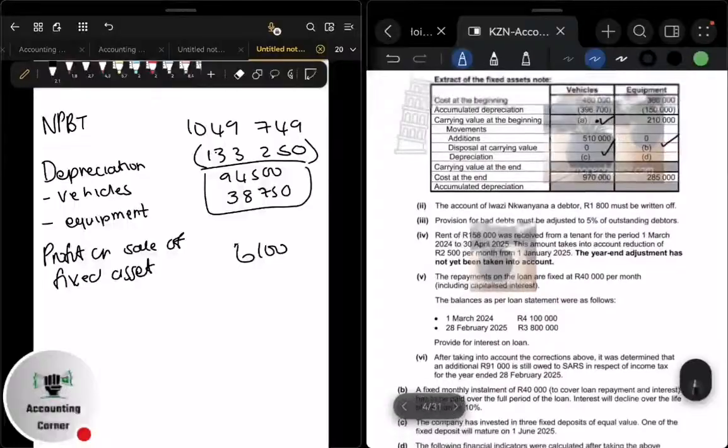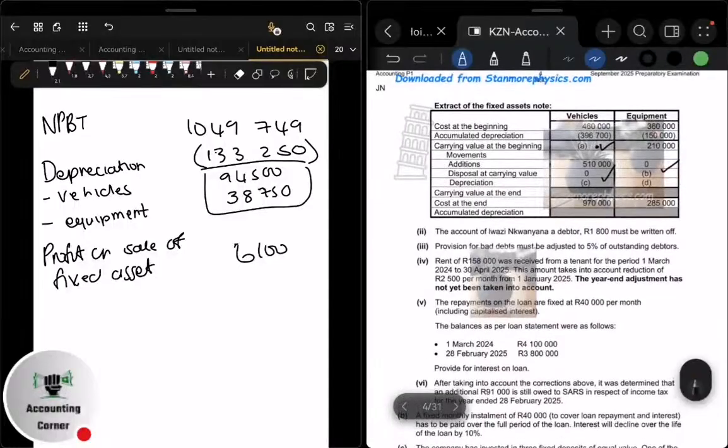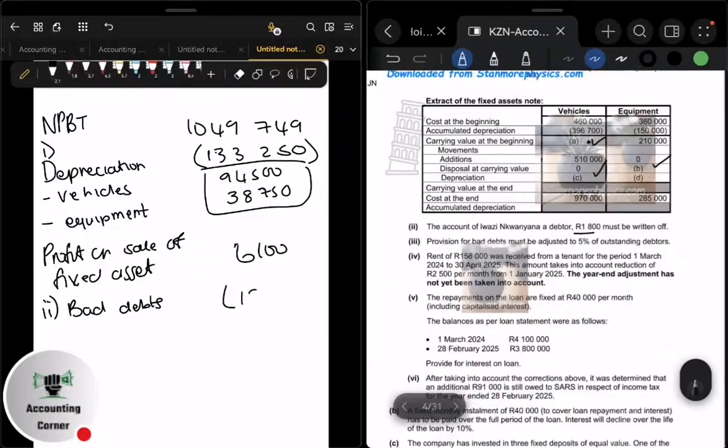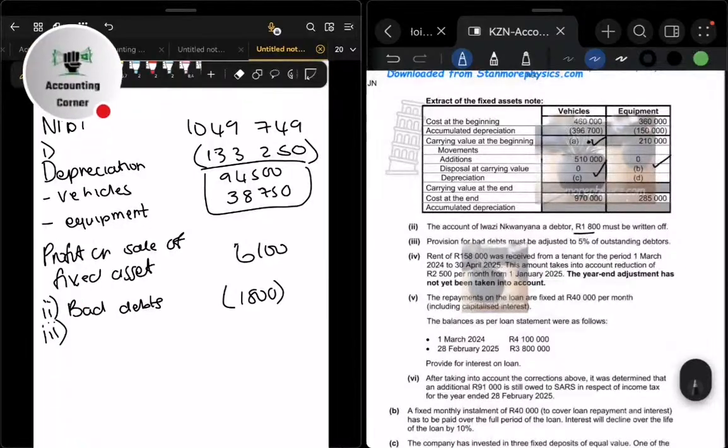Number 2 says the account of Loazing Kanyana at data 1,800 must be written off. So that's a bad debt. So we minus 1,800. Then we go to number 3. Number 3 says provision for bad debts must be adjusted to 5% of outstanding debtors.